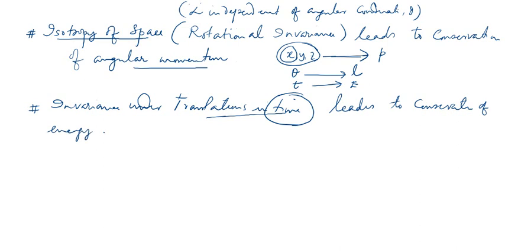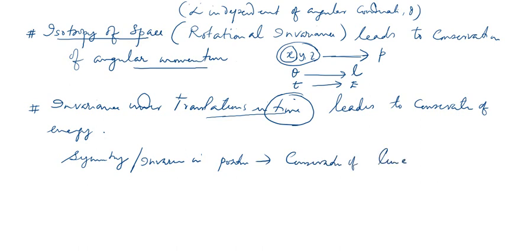So I can just conclude it like this: symmetry means invariance, right? Invariance in position leads to, this is the final conclusion, conservation of linear momentum.